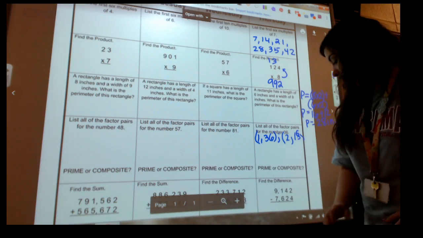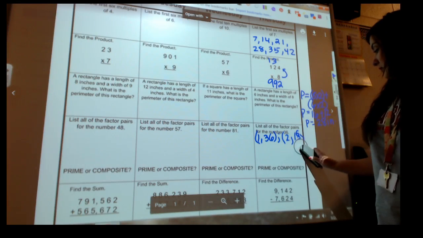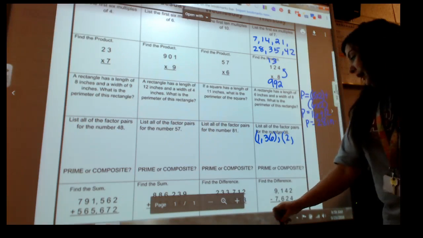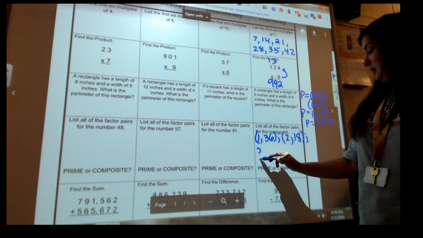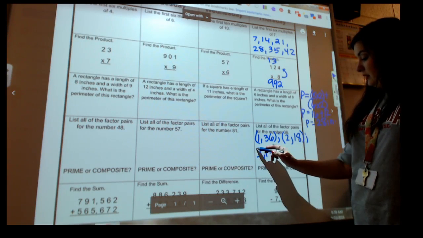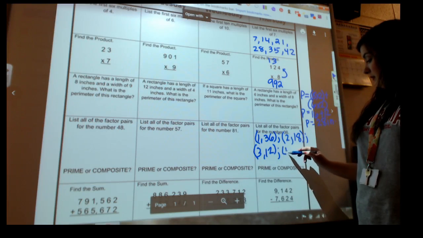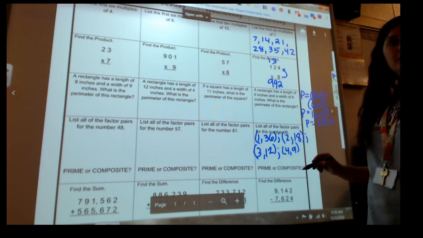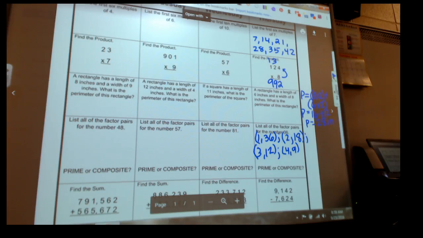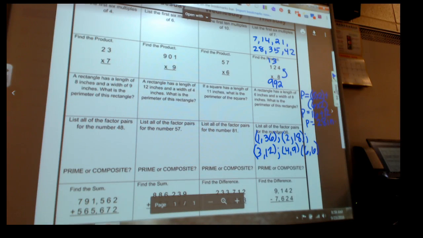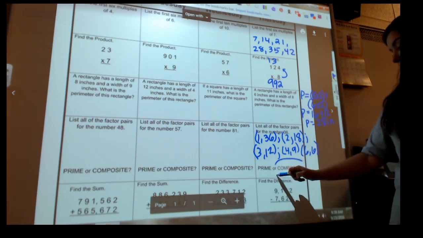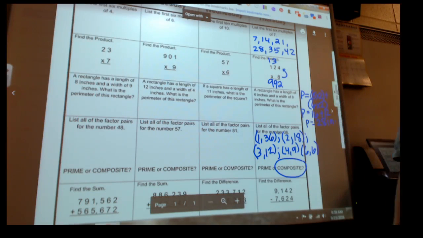All right, 2 and 18, 3, 4, 5, 6, 7? Yes? Oh, yeah, 6 and 6. And then I would flip it and reverse it. And this is a what number? Composite number. Composite number.